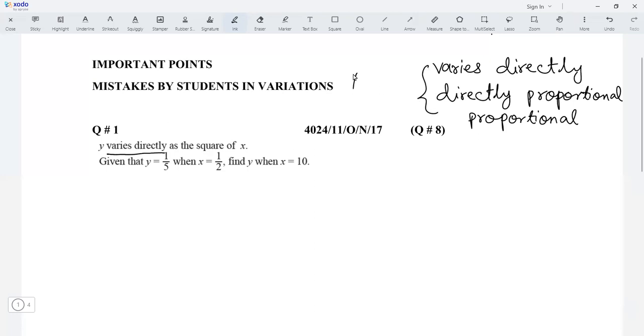Do remember this is related to only and only direct proportions.